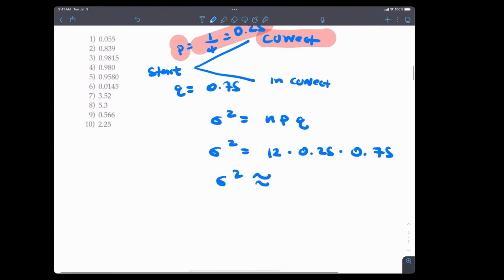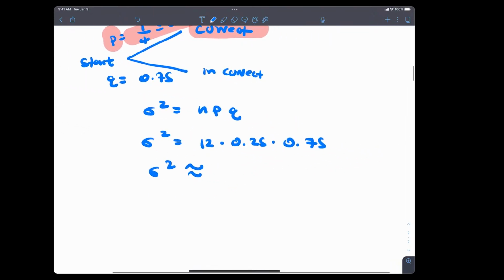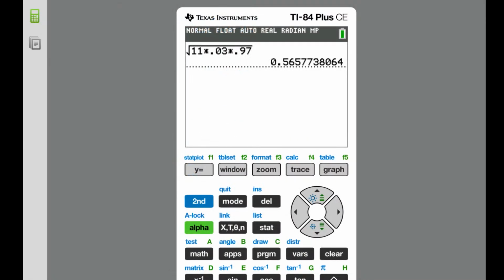Now, the answer is in the nearest hundredths, so let's keep it that way. So let's go to the calculator. 12 times 0.25 times 0.75. And ladies and gentlemen, it happens to give us an exact answer. This is not even approximate, 2.25.